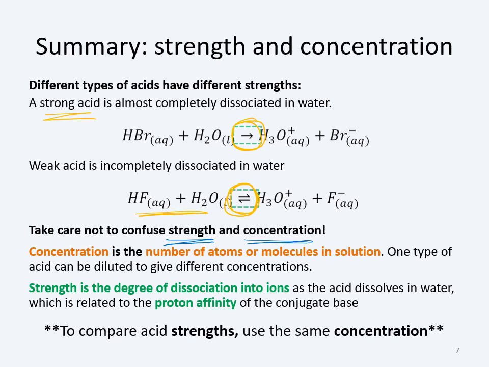And finally, with that in mind, you have to use the same concentration, by which I mean the same initial concentration of HA, in order to compare acid strengths, because only then, by measuring the pH, would you be able to tell how much the acid has dissociated, and from that get an idea of the acid strength.